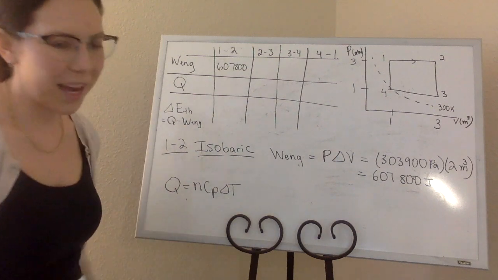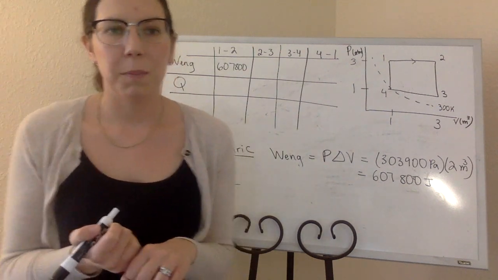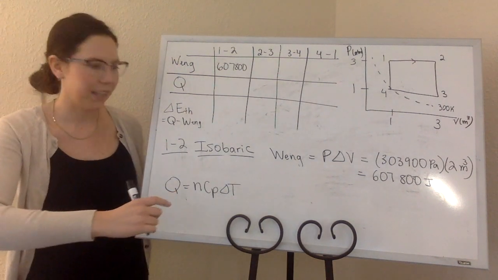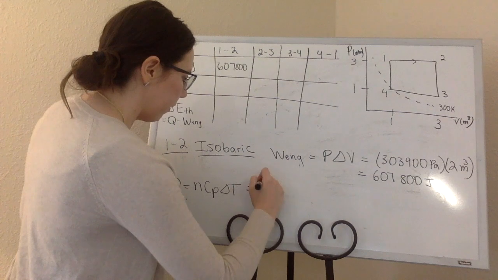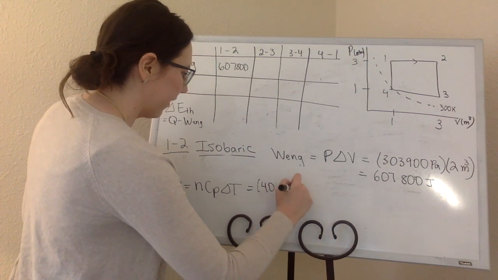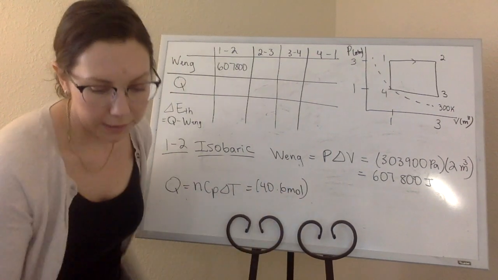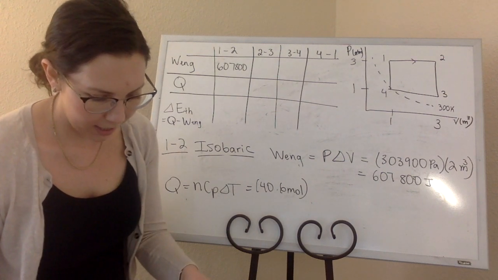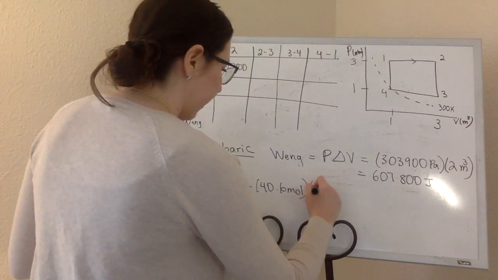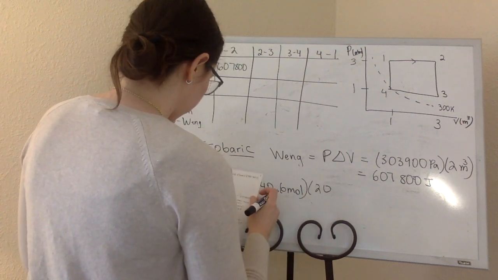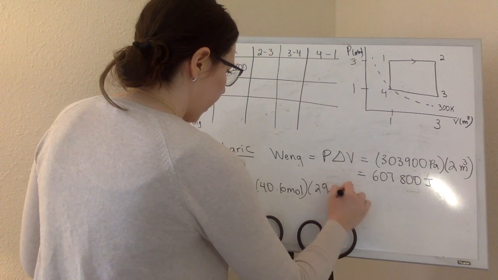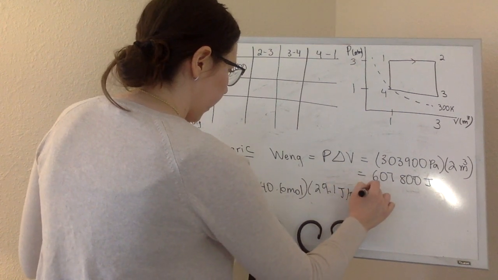And then Q, we have the heat transfer using the specific heat at constant pressure. So Q equals n CP delta T. So that's going to be 40.6 mole. CP, which was given to us for the gas, it was, let's see, 20.8. Oh, actually 29.1 is CP, 29.1 joules per mole Kelvin.